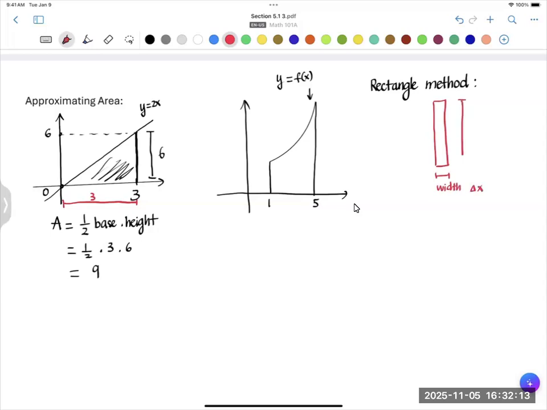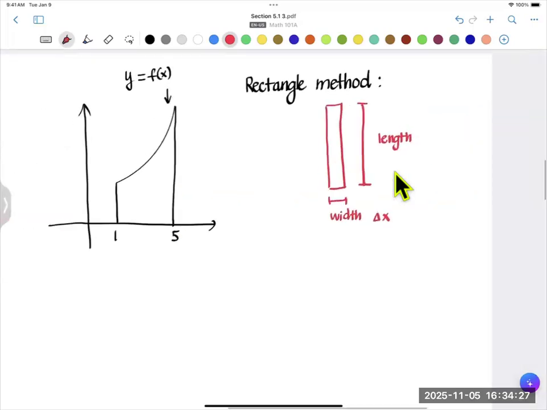And then the height is going to be the length. The height or length depends on the value of your width: you put it into the function and you get the height. Depending on where your x is, you get the output of that function. We have a couple of rectangle methods because you can form the rectangle in 3 different ways.